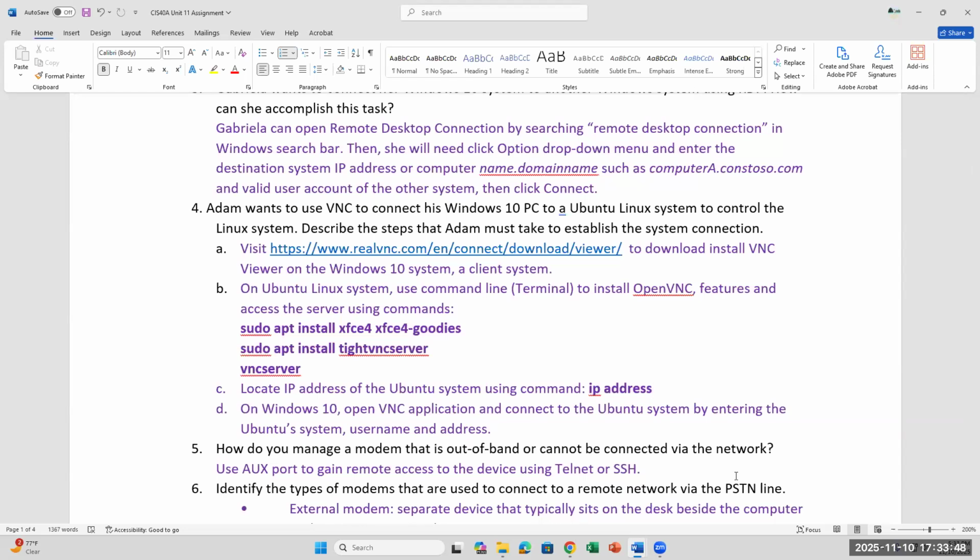Then it's going to prompt you for the username and the password of the Linux system, the Ubuntu system, and then you authenticate. If we were to remotely connect to Kali, then you just do Kali and Kali to log in. For Ubuntu, whatever account you set up, it doesn't need to be root. As long as it's a legitimate account and it has access, you just put in the username and the password after you put in the IP address, okay?